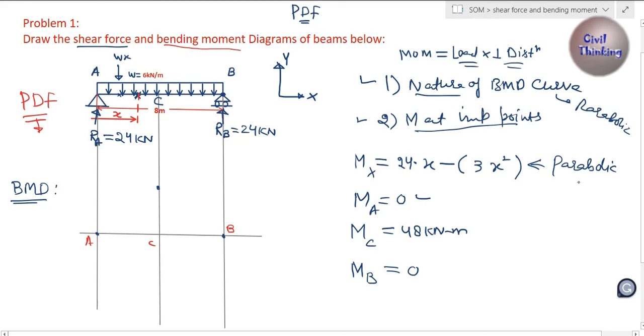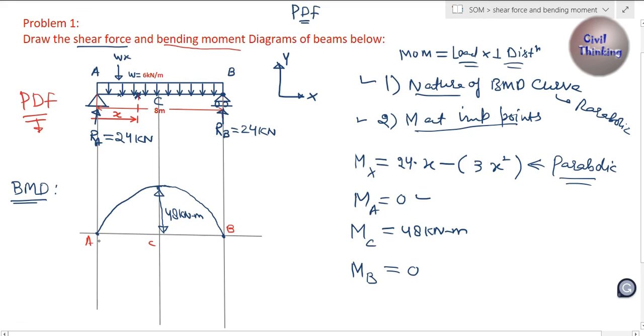Now I have to connect these three points. The equation is parabolic, okay? So there is going to be a parabolic variation, something like this, and from here it is going to be something like this, okay? And from here to here is 48 kilonewton meter. Now this curve is telling you what?